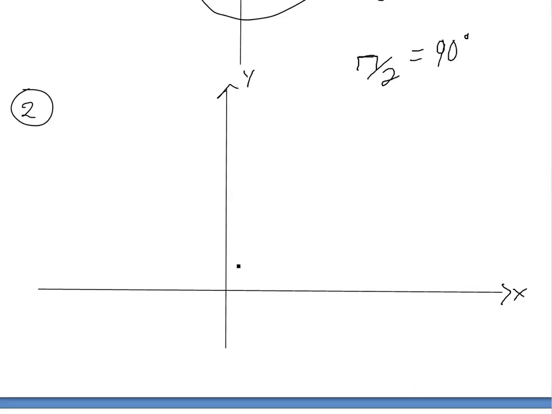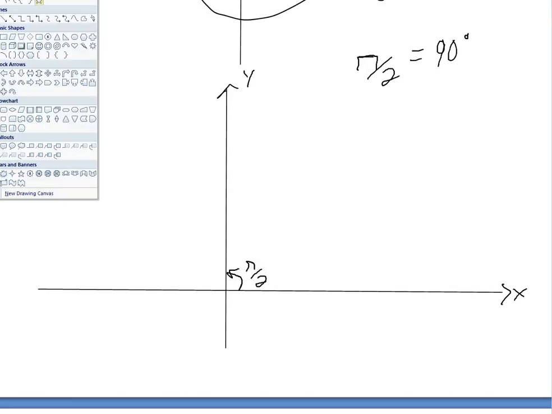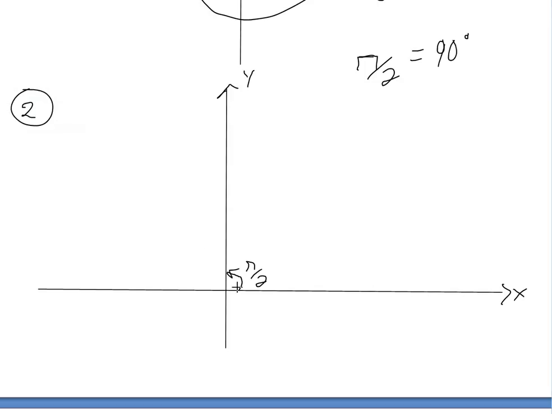Now if we draw an angle in between somewhere, a random angle, we'll call this theta, and this is pi over 2. The angle between these two is just the difference, so pi over 2 minus theta.